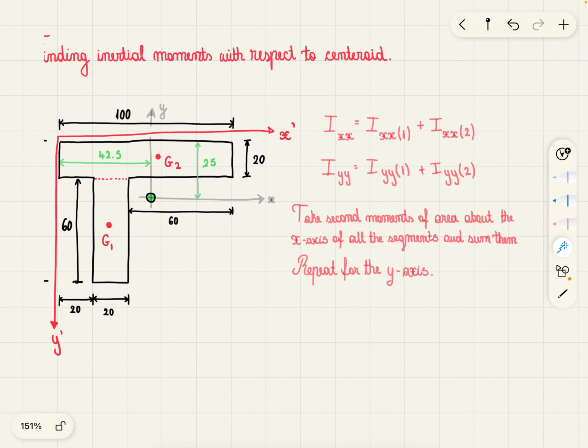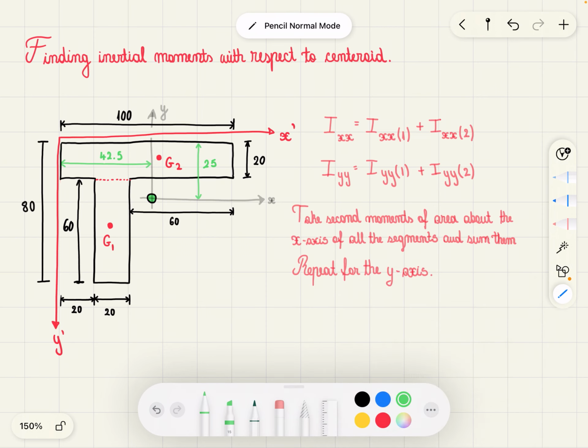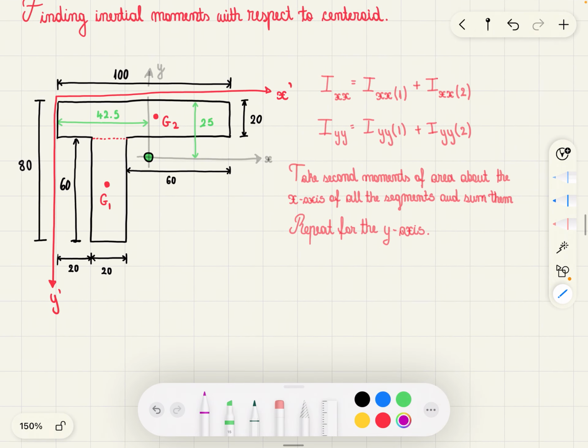So let's use purple. When we're finding Ixx, we're going to use this parallel axis formula.